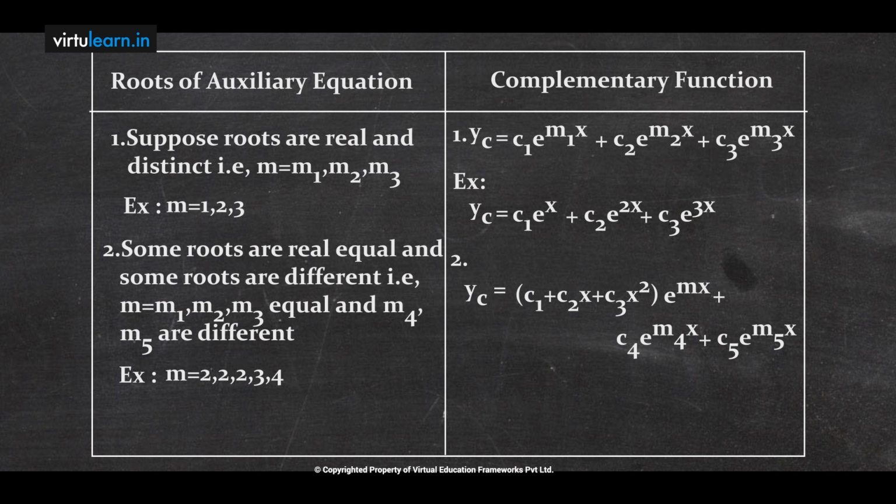Then the formula is y equals c1 plus c2x plus c3x square into e power 2x, because 3 roots are equal, plus c4 e power 3x plus c5 e power 4x. This is the best example for the second complementary function.